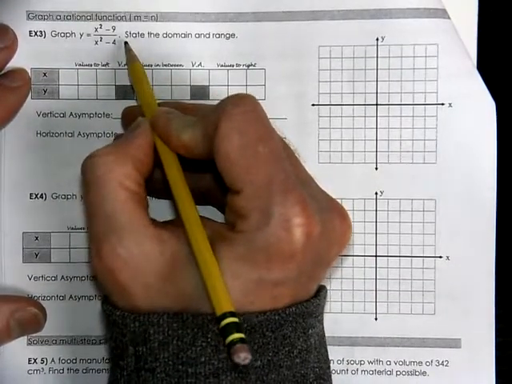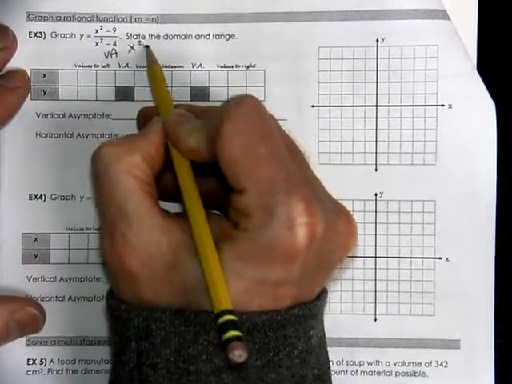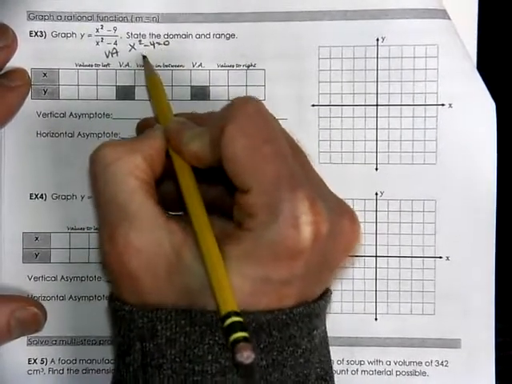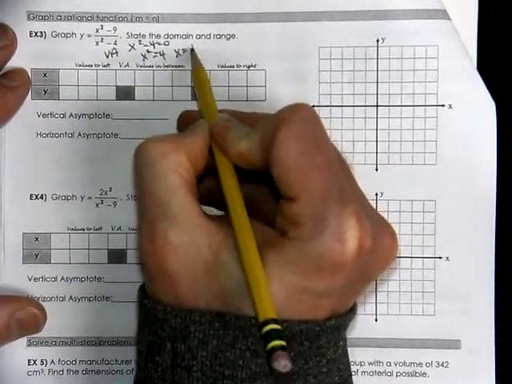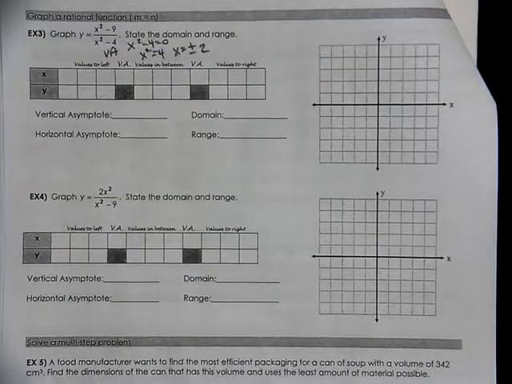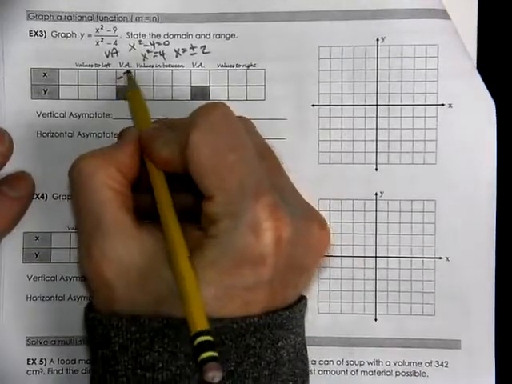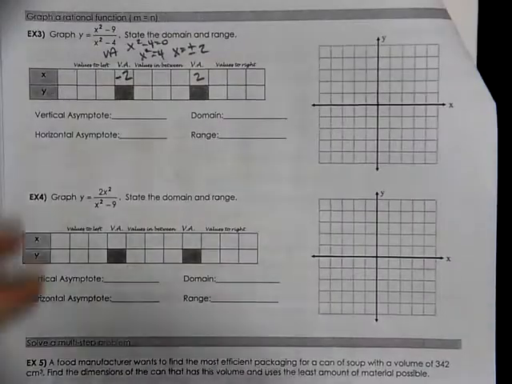For our vertical asymptote, we are setting the denominator equal to 0. So that gives us x squared equals 4. So x is going to be plus or minus 2. Look at that. We have two vertical asymptotes. We have one at -2. We have another one at +2.